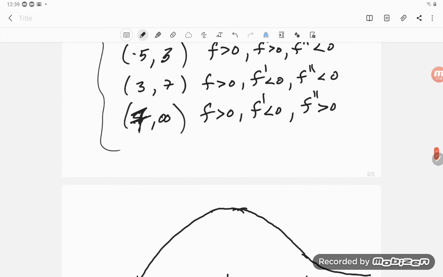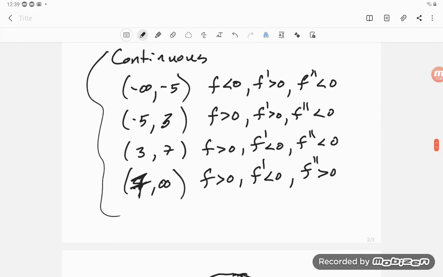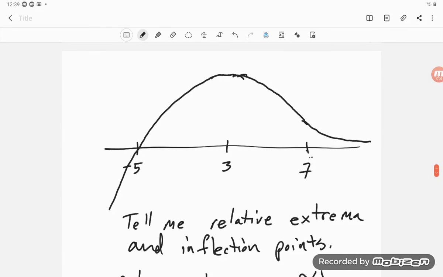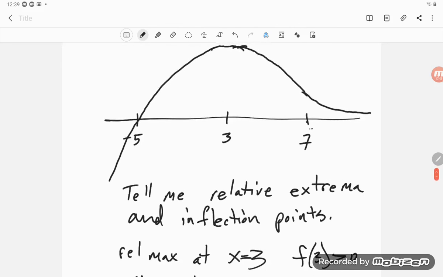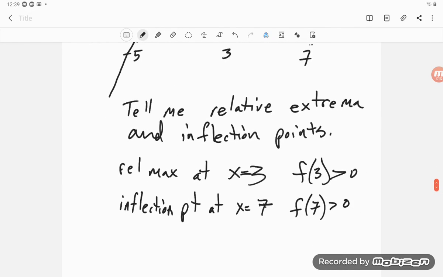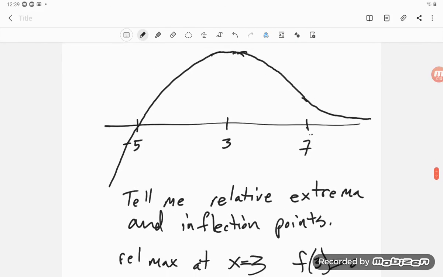So I could give you this kind of information and then ask you to determine not only what it looks like that way, but then give me some information about things we've been studying, relative max and min and inflection points. Okay, so there we have more on curve sketching.